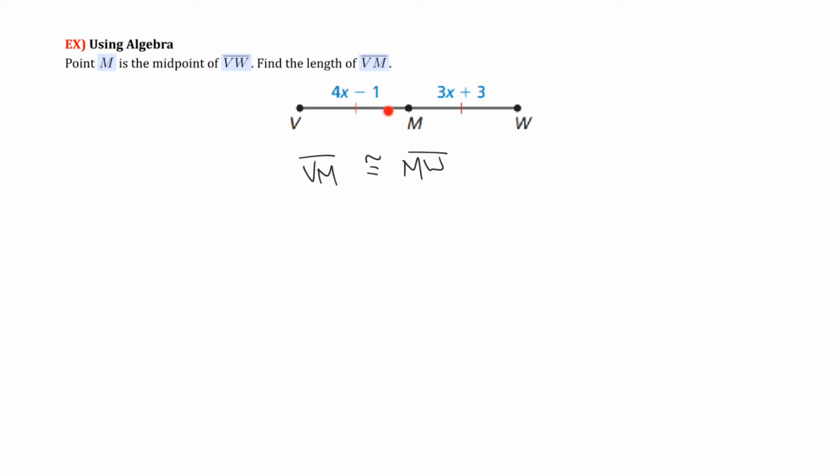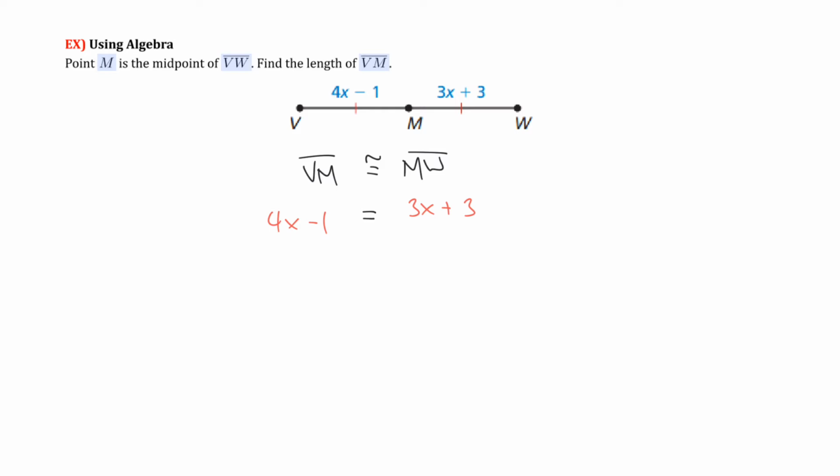So that means that I can take the length for VM, which is 4x minus 1, and I can set this equal to MW, which is 3x plus 3. Again, this is only possible because I know that these two segments are congruent.